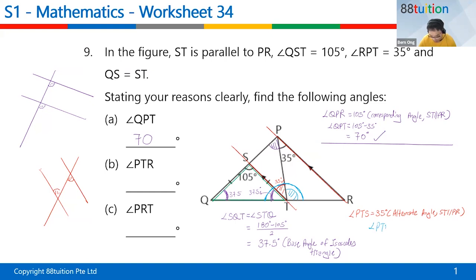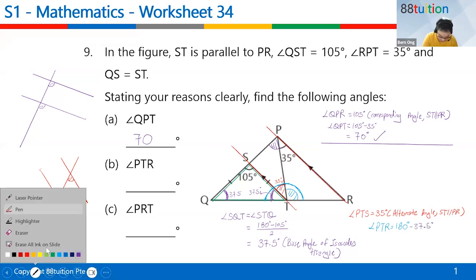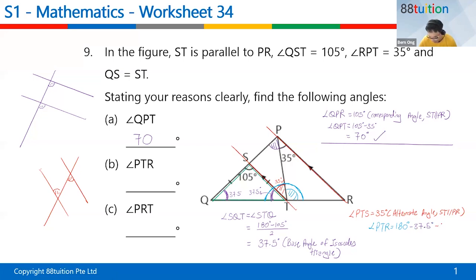Angle PTR is equal to 180 degrees, because angle on a straight line, minus your 37.5, the purple ear of the mouse, minus the 35 degrees, the alternate angle. And therefore, your conclusion is equal to 107.5 degrees. And what is this called?